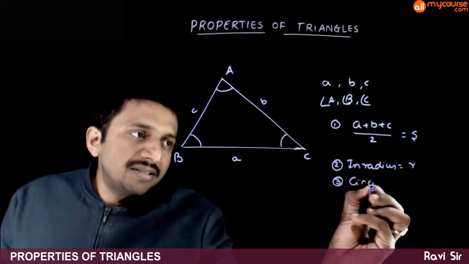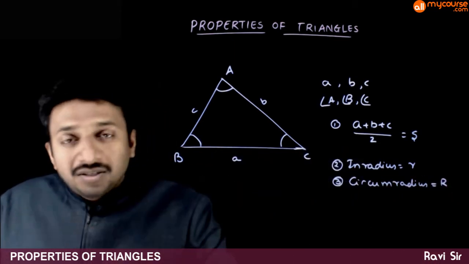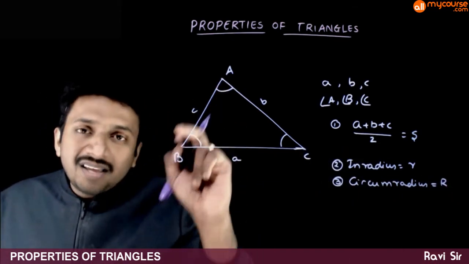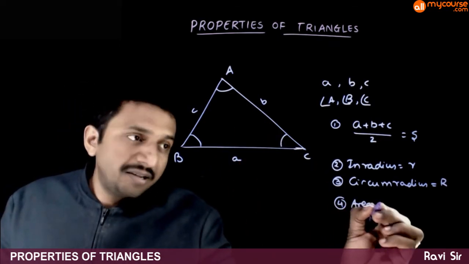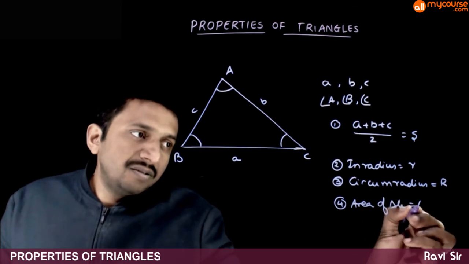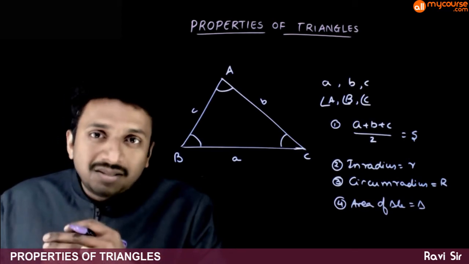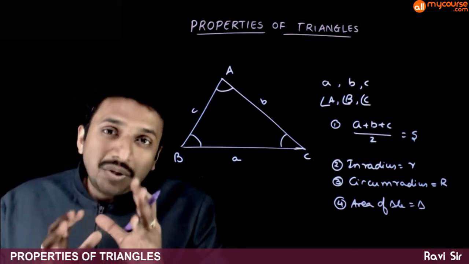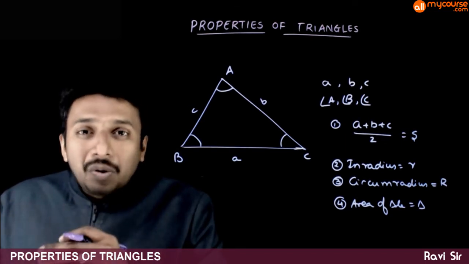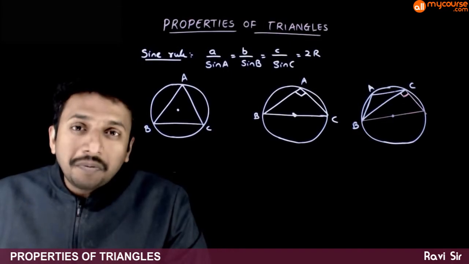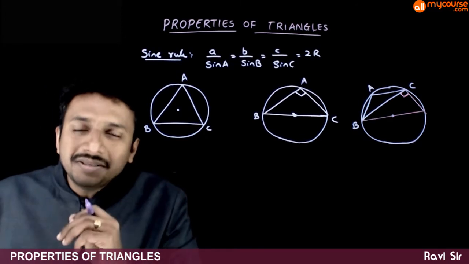The circumradius in this chapter is denoted by capital R, and the area of the triangle is denoted by delta. So these are the standard notations that we are going to use as we go on in this chapter. Once you understand what we are going to deal with in this chapter, come, let us go deep into it.